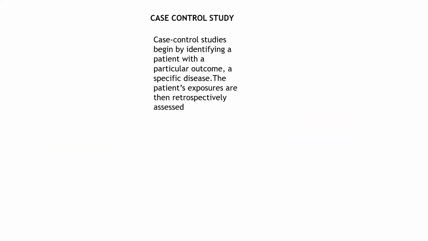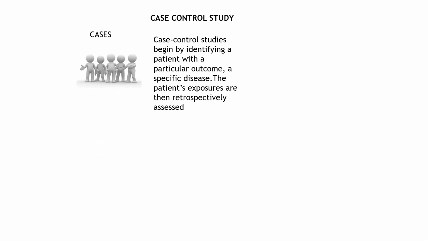Well, now let us come to another study design. This is the case control study. Here, the study begins by identifying a patient with a particular outcome, a specific disease. The patient's exposures are then retrospectively assessed.